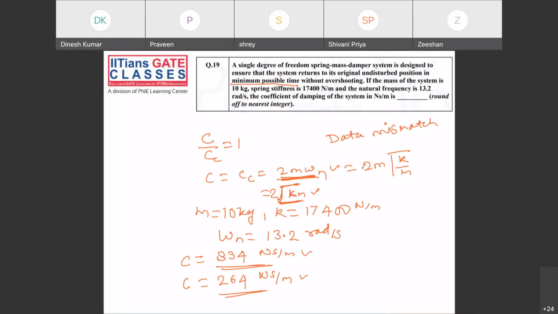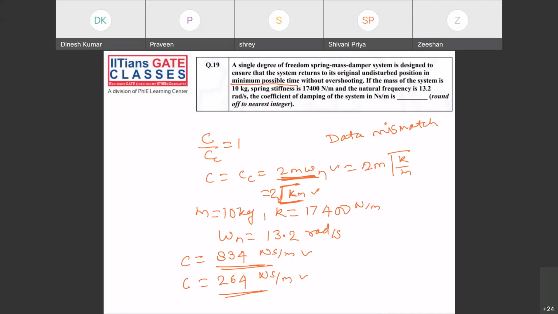More the damping, more sluggish is the response. And I think we have solved some questions also in classes. In GATE mechanical, those questions have been asked. I will share. There it is already mentioned in which case we will have minimum possible time. Class students, do you remember? I think one or two questions we have done.